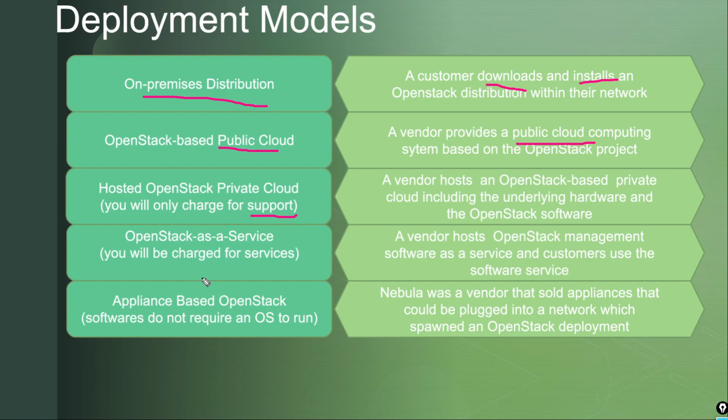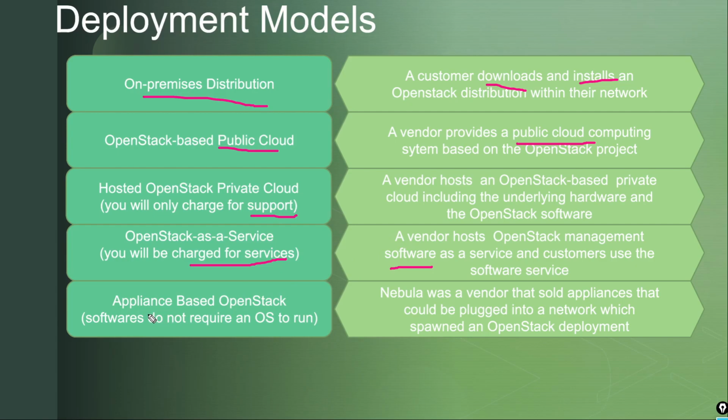Or OpenStack as a service. What's that? You call a vendor, say XYZ, and say, I would like to have that service, and you'll be charged just for that service, not more. The vendor hosts the OpenStack management software, and you just get the software from that vendor.